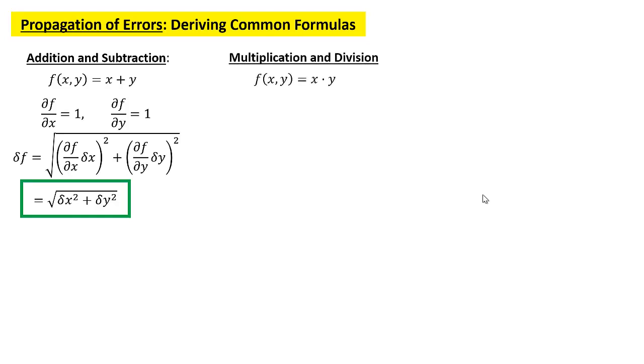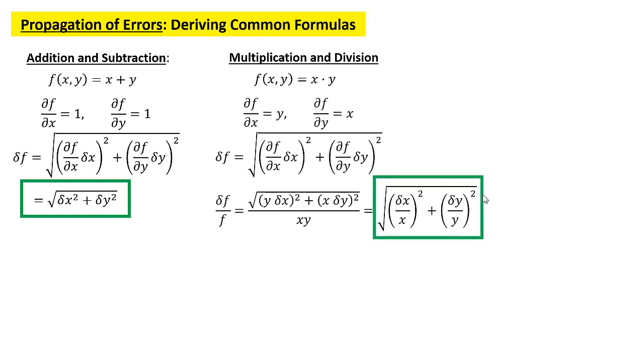What about multiplication and division? Again, this is a function of two variables, x and y. And so I can take their partial derivatives. Partial f partial x is actually y. Partial f partial y is now x. Right, it kind of flips. And so I can calculate the uncertainty delta f by taking the sum of the quadratures of those partial derivatives.